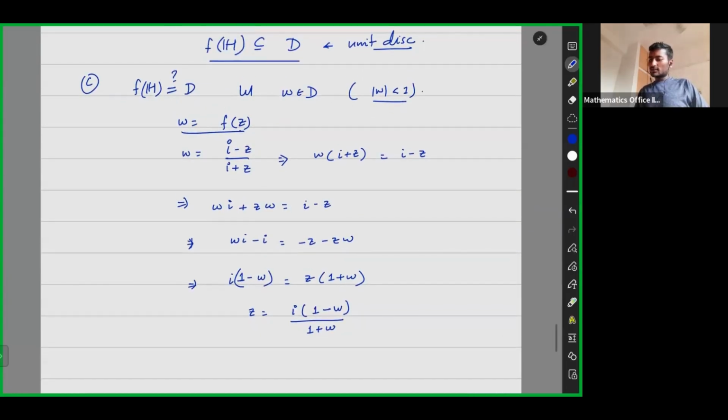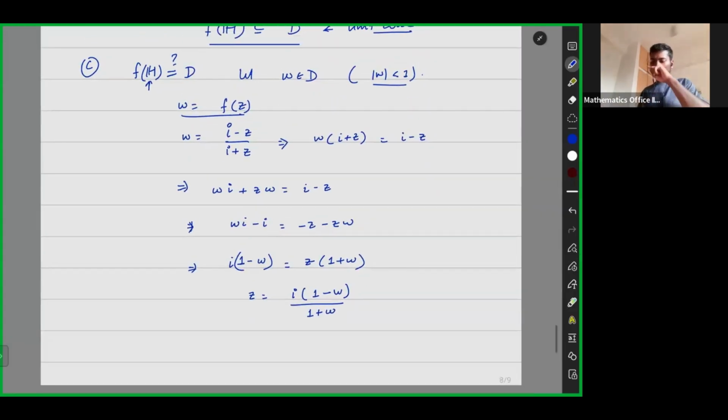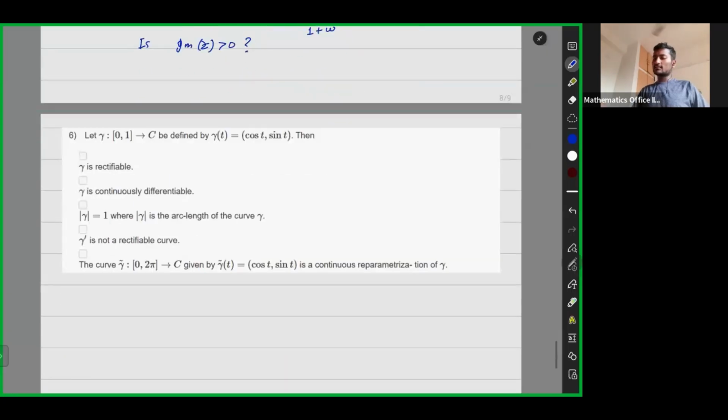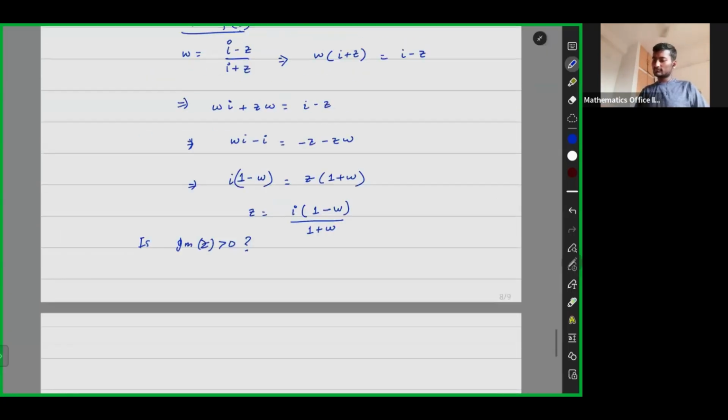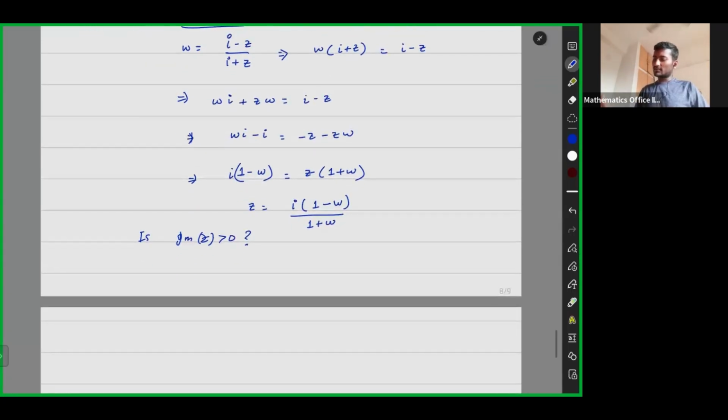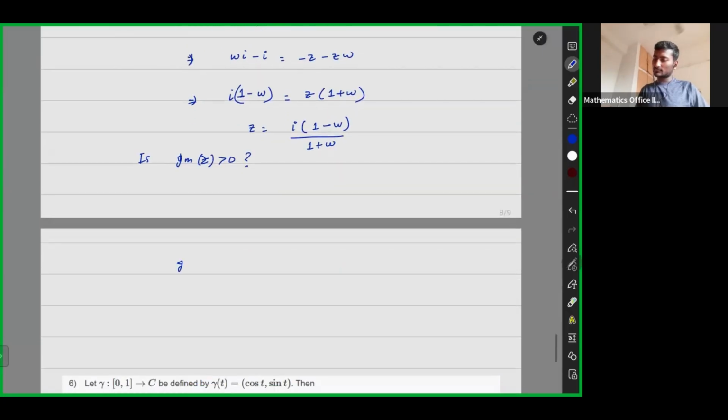And we somehow want to show that z is inside H, the upper half plane. To see that, we want to see that the imaginary part of z is positive. So the question is: is Im z positive? Let's see if it is or not. What is Im z, the imaginary part of z?